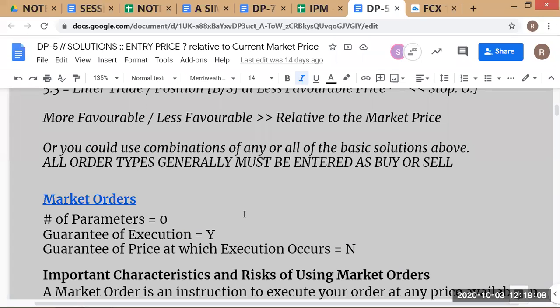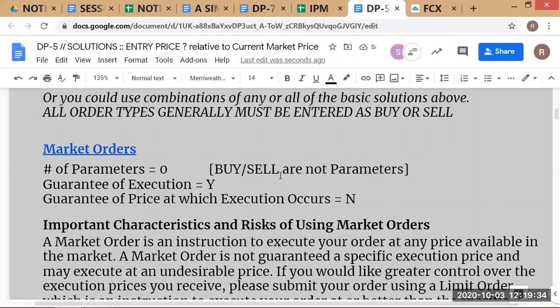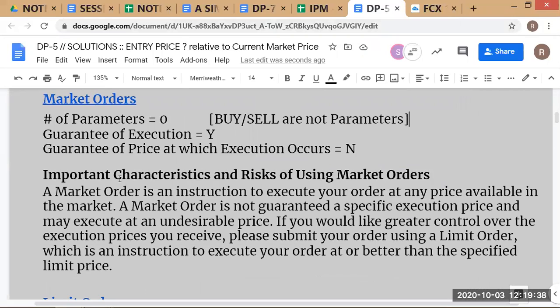When we write parameters, all right. So market order, 0 parameters.